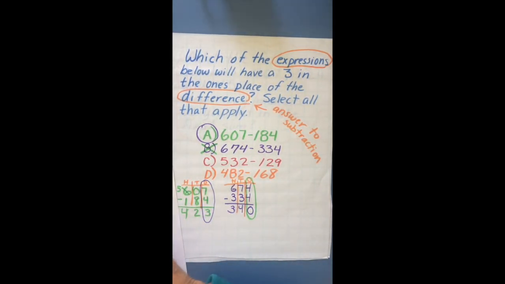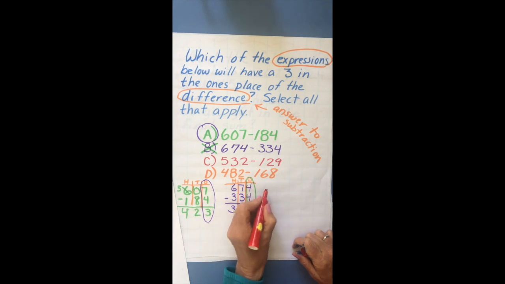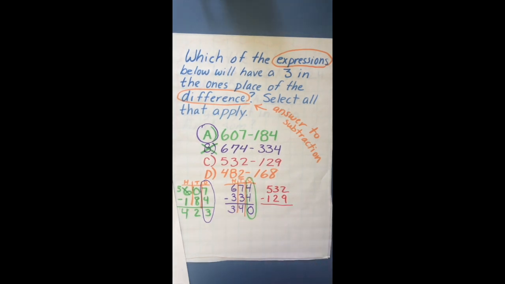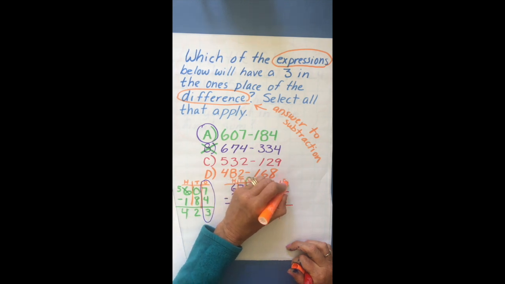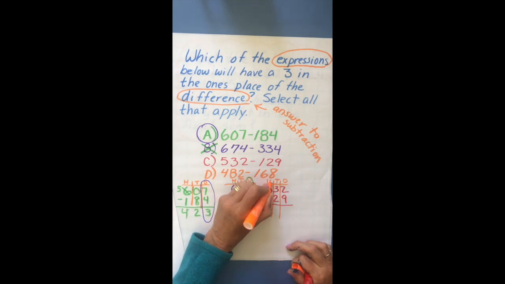Now I'm going to try C. Oh, this pen is not good. I'm going to try this one. So now I'm going to write 532 and take away 129. And then I'm going to do my place value chart, and I'm going to abbreviate ones, tens, hundreds.